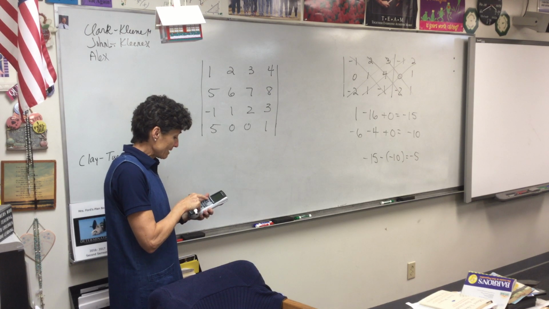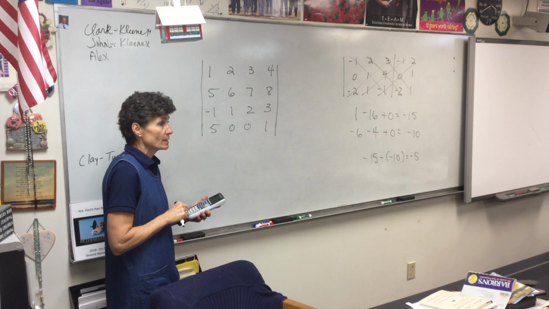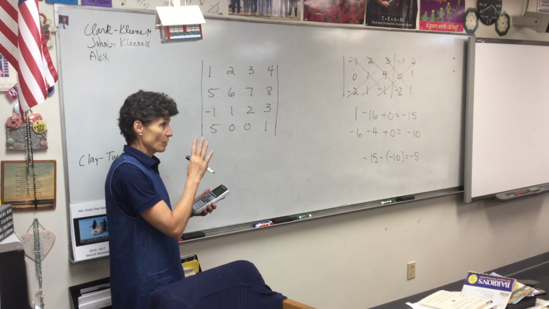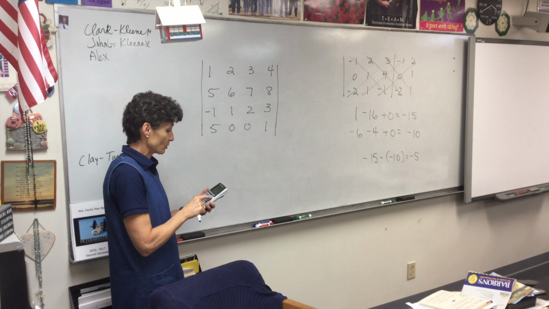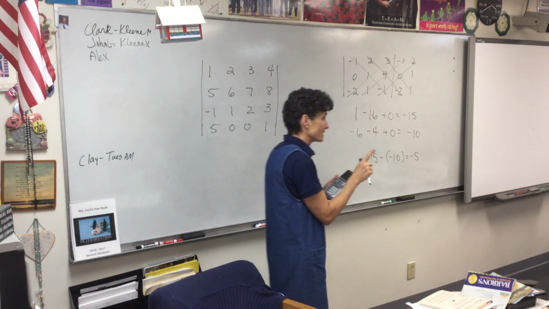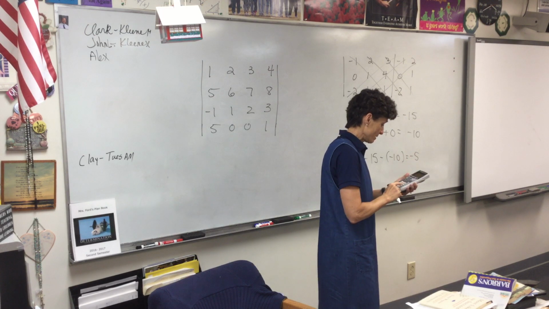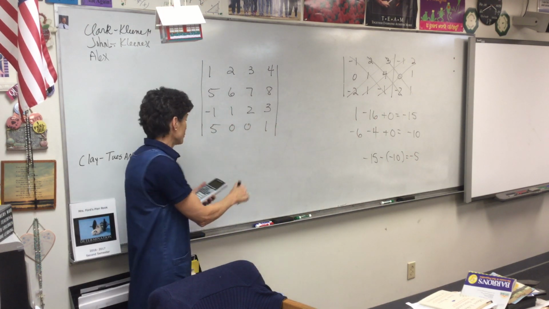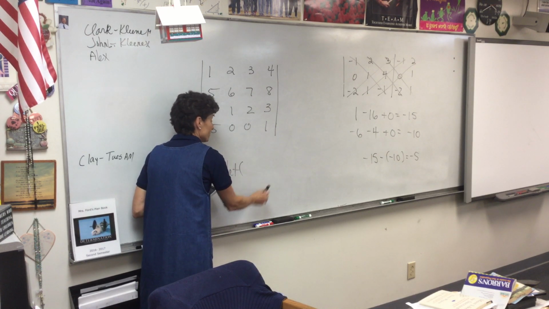Now I want you to go back into the matrix menu, and this time, we're not going to go into edit because we already got it in. We're going to math. So click over to math. And you see the very first thing says determinant? Press it. Now on your screen it says this, right?